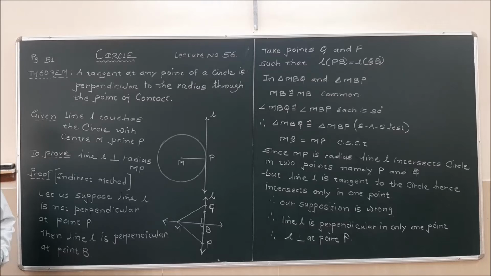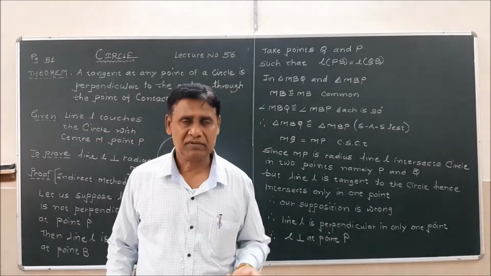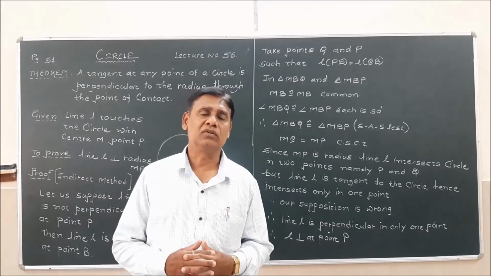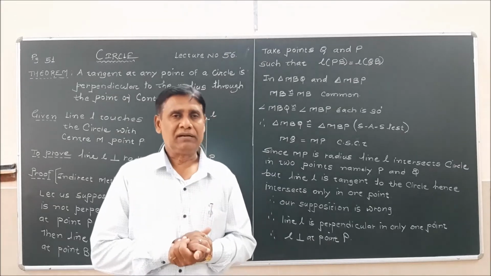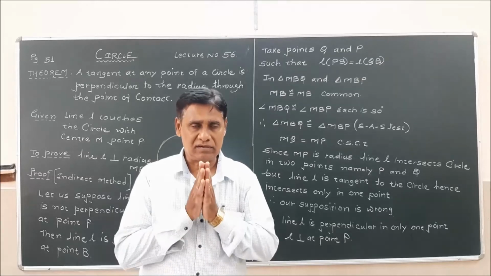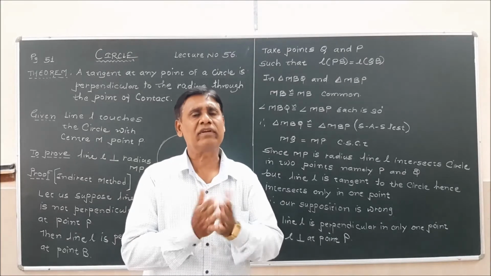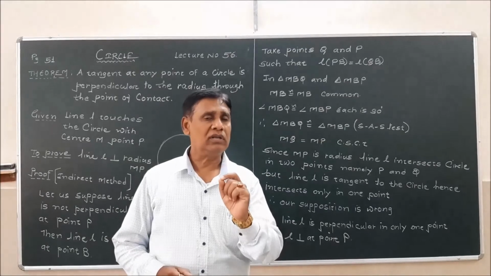You will find the first theorem. But before I begin the theorem, there are some basic concepts, and all these basic concepts you all know. For example, what is meant by a tangent? A tangent always touches the circle, or we can say it intersects the circle in one and only one point.